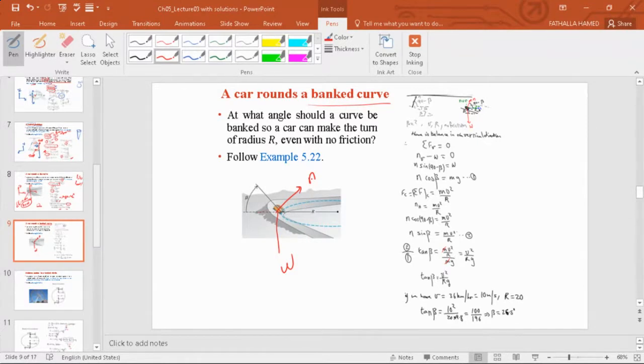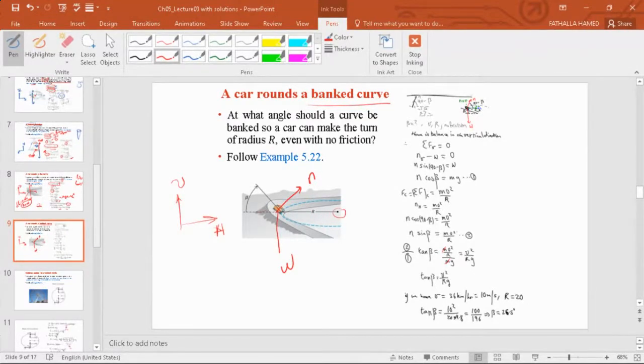Now, if you're talking about friction, friction should be basically going this way, but I told you we're going to ignore friction now. And you're going around the circle, the radius is here. So if you pick, this is the horizontal, this will be the vertical here. The weight is along the vertical, but the normal force makes an angle now.